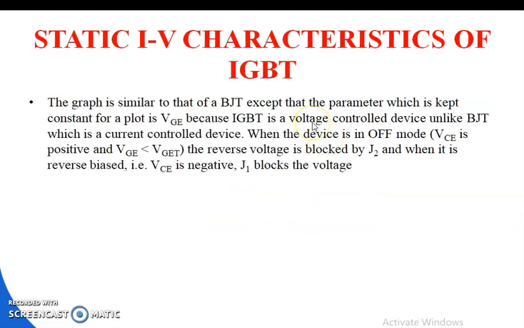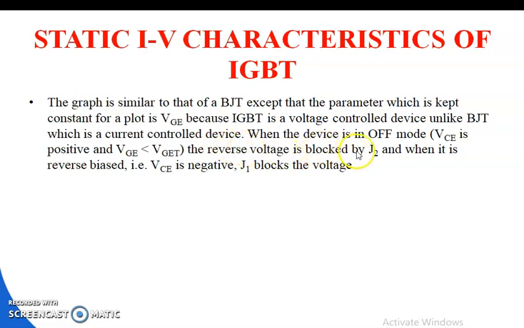Then, static VI characteristics of IGBT. The graph is similar to the BJT except that the parameter which is kept constant for a plot is VGE. VGE means gate-to-emitter voltage, because the IGBT is a voltage-controlled device, unlike the BJT which is a current-controlled device.